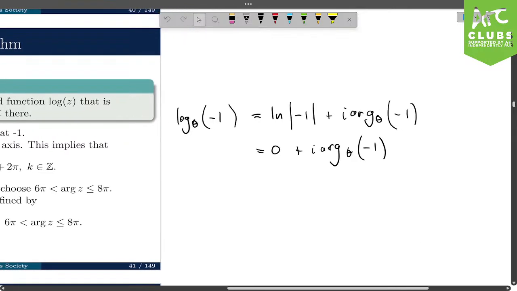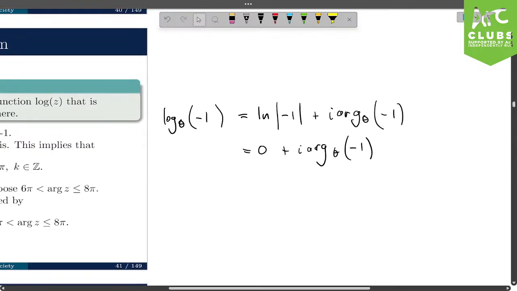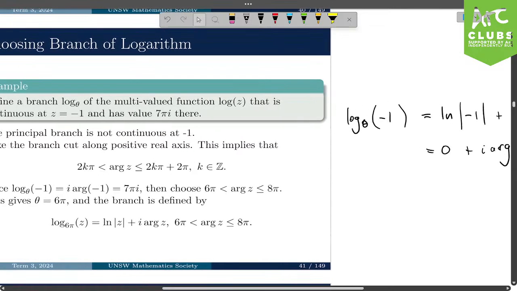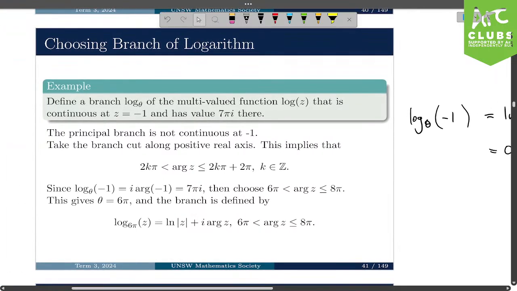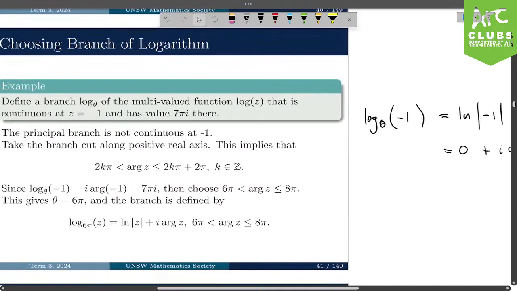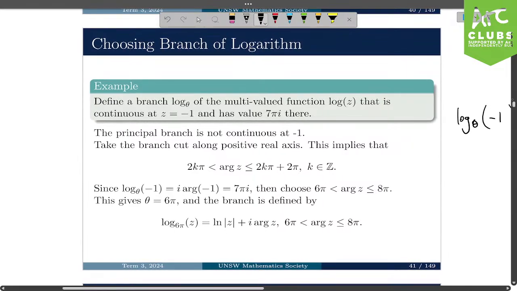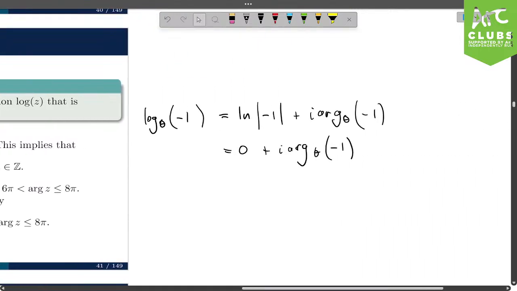There are actually quite a lot of branches of arg that would allow the log to be continuous at z equals minus 1, but we do have this restriction that it is equal to 7 pi i.